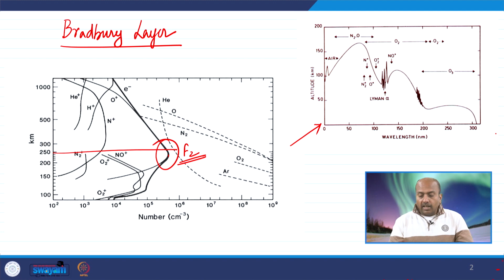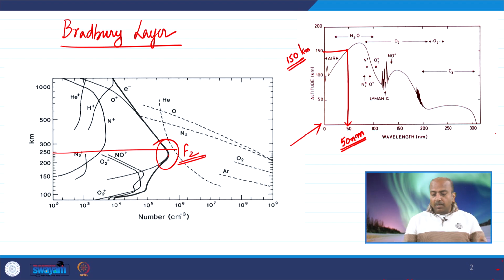Now, you can take any point on the line and draw an intercept onto the x-axis, you will get that particular wavelength. So, this is 50 nanometer wavelength. And you draw an intercept onto the y-axis, you get the height, which means 50 nanometer is absorbed effectively at 150. And at the same time, we also know which species is actually absorbing this.